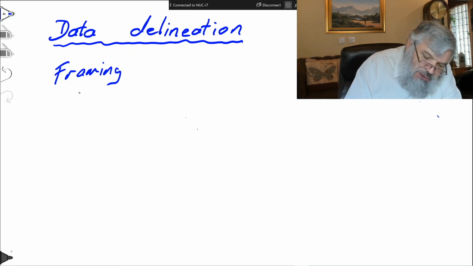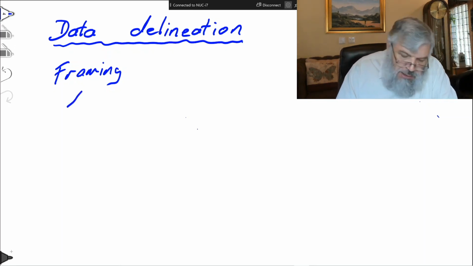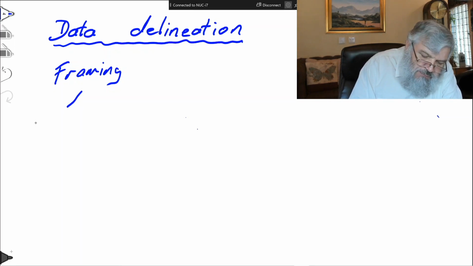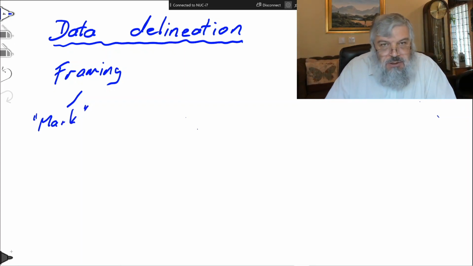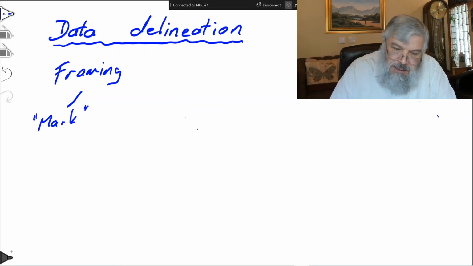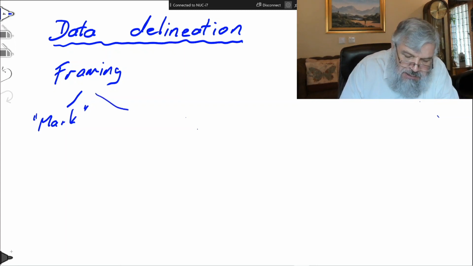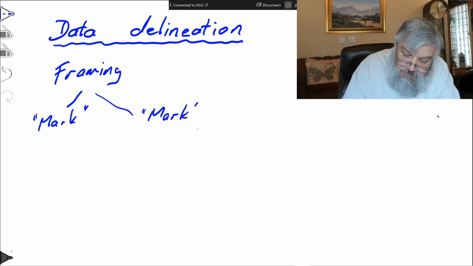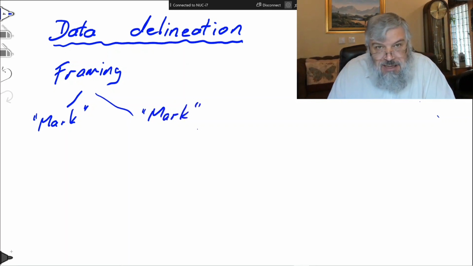There are 2 options. The one is to use some sort of a, let's call it a mark for the time being, to say that this is the start of a frame. And then at the end, we have 2 options. We can have another mark. It may be different, it may be the same, to say this is the end.